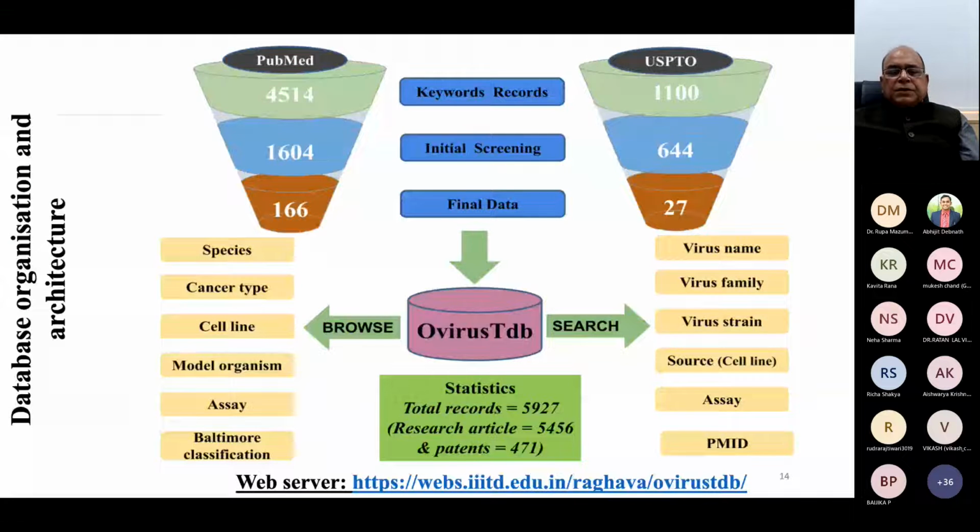Okay, this is just the architecture of the database, showing how many records there are and what types of articles. Now you will ask why we create the database, because the information is already in the literature. The problem is that here the information is compiled from 5,456 research articles and 471 patents.